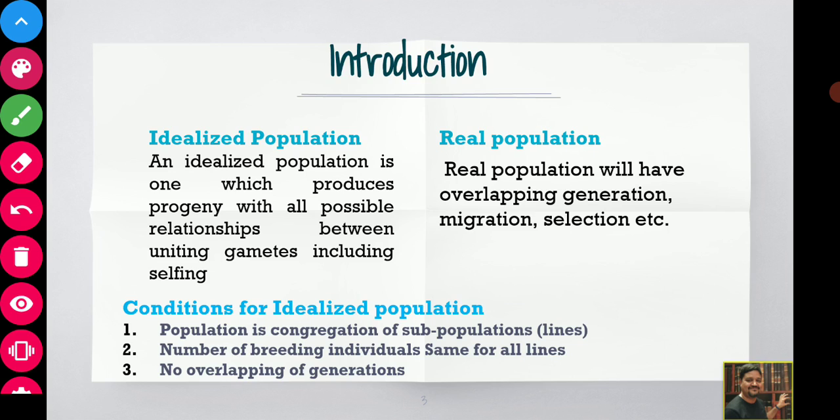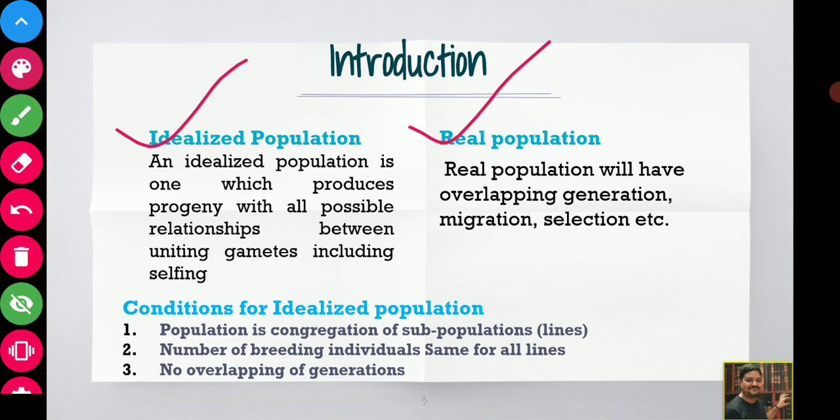But if we extend that principle to a population level for a number of traits, then such a study is known as population genetics. Second, we want to know the difference between idealized and real population. What is an idealized population and what is a real population? Whenever the term ideal comes, that means the ideal doesn't actually exist, or it is very rarely existing.